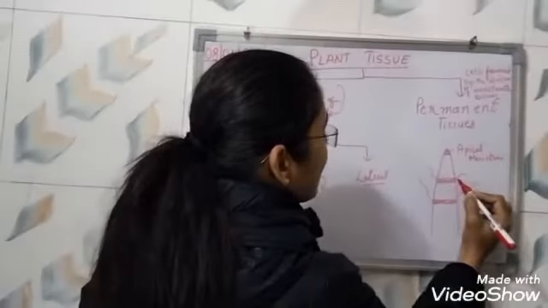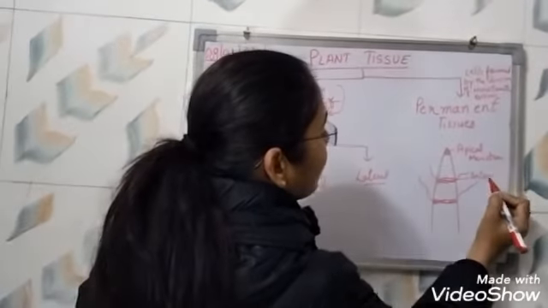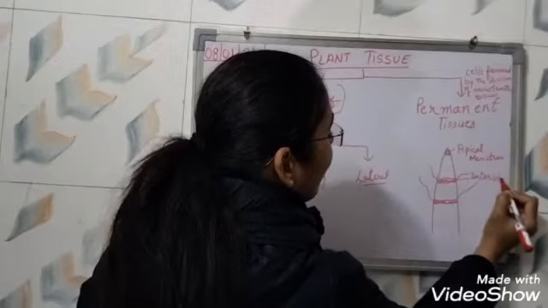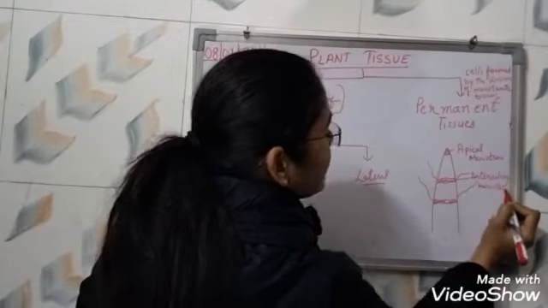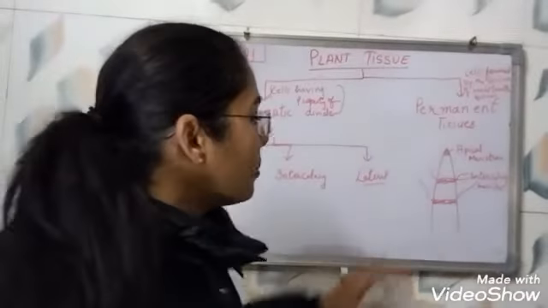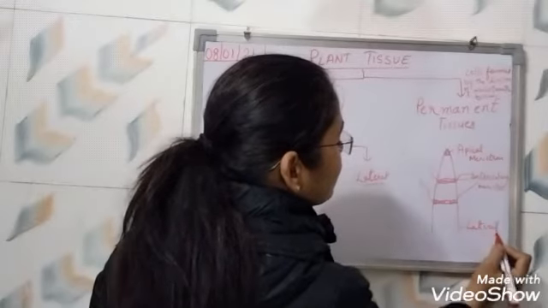So these are intercalary meristem. And the bottom part, this is lateral meristem.